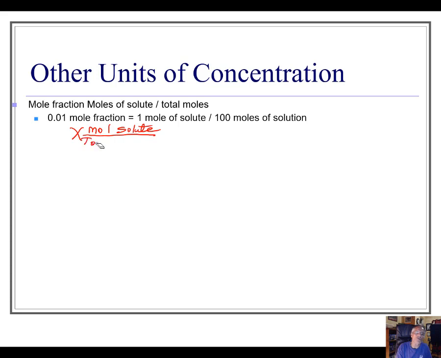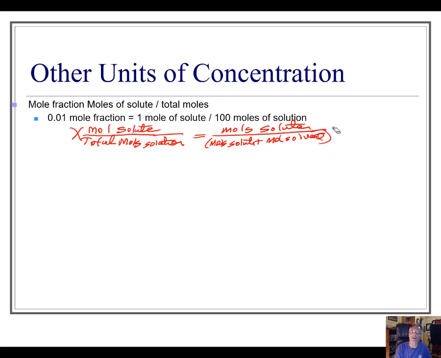And you have to remember what total moles means. And this is total moles of solution. So what that means is you need the moles of the solute in the numerator, whatever it happens to be, but you also have the sum of the moles of the solute plus the moles of the solvent in the denominator.